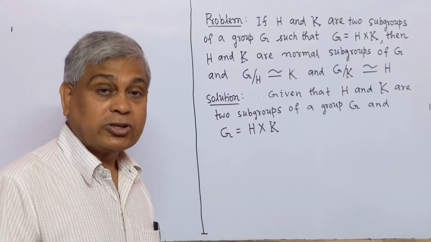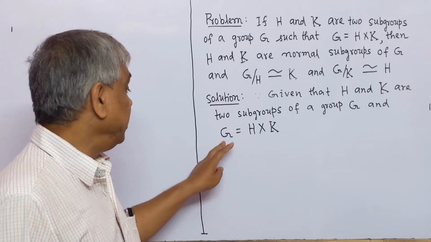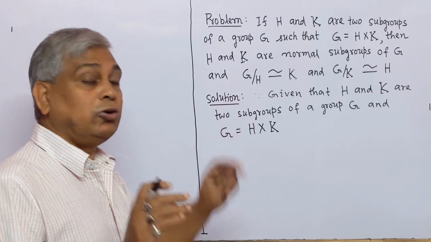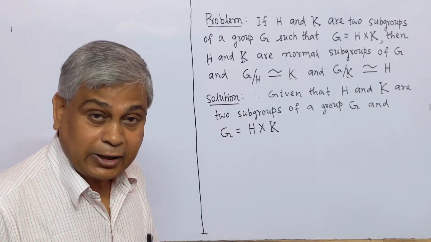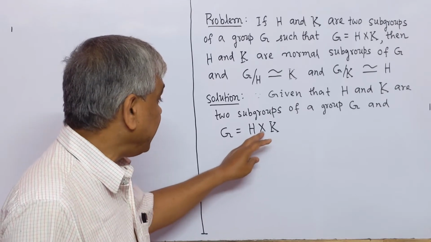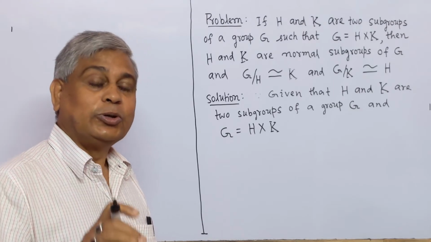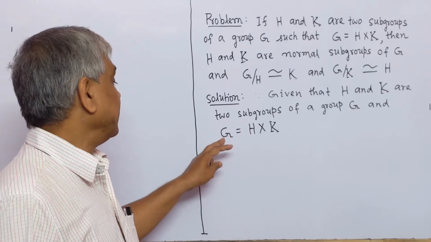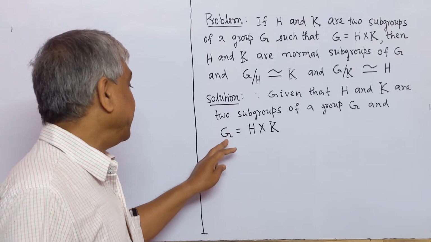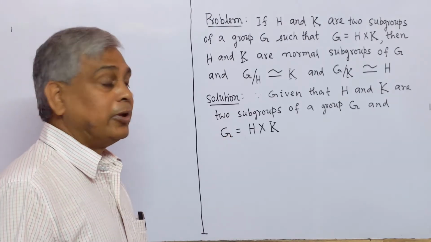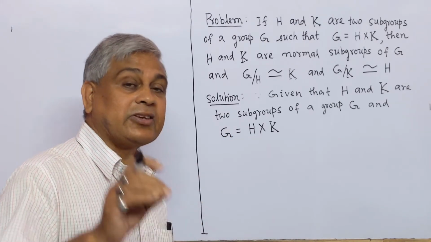This symbol denotes that G is isomorphic to the external direct product of subgroups H and K, and also G is equal to the internal direct product of subgroups H and K.